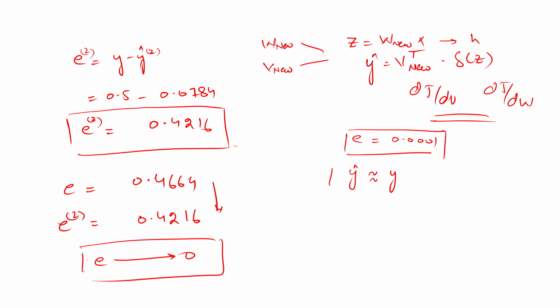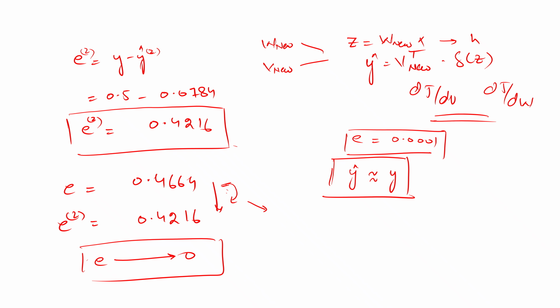Okay, so any other important key point? Yeah, so when we get that, that will be our end result. So yes, I forgot to mention this. You saw here that we had the value E equal to 0.4664. In second iteration, this is 0.4216.